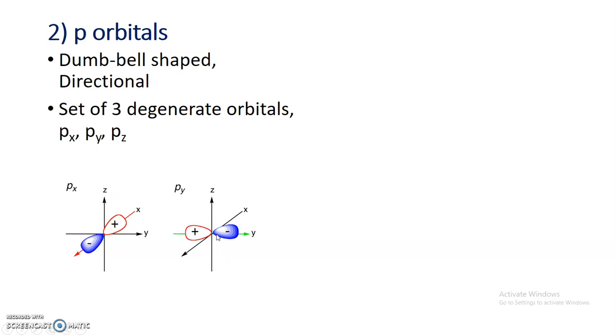In the py orbital, the electronic cloud or lobes are oriented along the y-axis, and again one lobe has a positive sign of the wave function and the other has a negative sign. In the pz orbital, the electronic cloud is oriented along the z-axis, and the two lobes have opposite signs of the wave function, positive and negative.